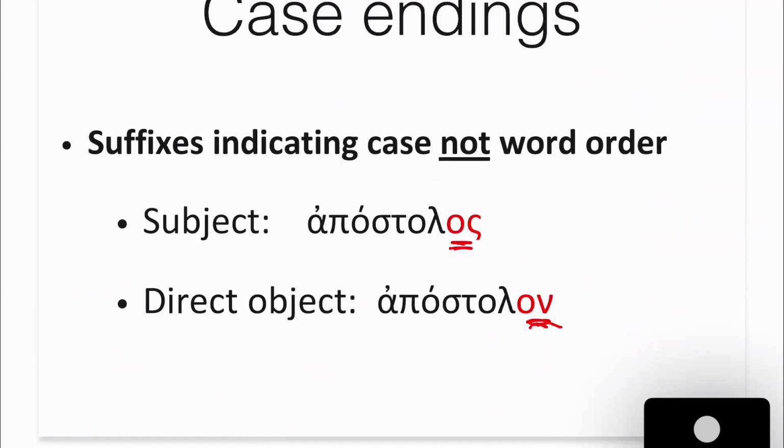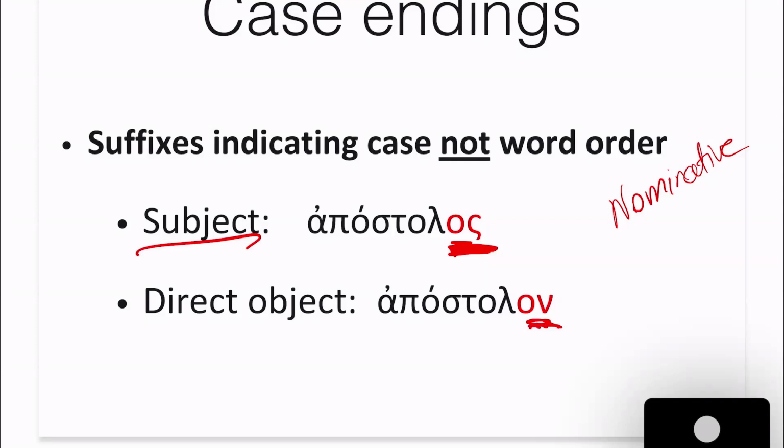So this word here, apostolos, meaning apostle, if I have this os ending, apostolos, then this is in the nominative case and is most likely the subject. I'm saying something about the apostle. The apostle is doing something. The apostle is going somewhere. The apostle is most likely the subject of the sentence because of this os ending.